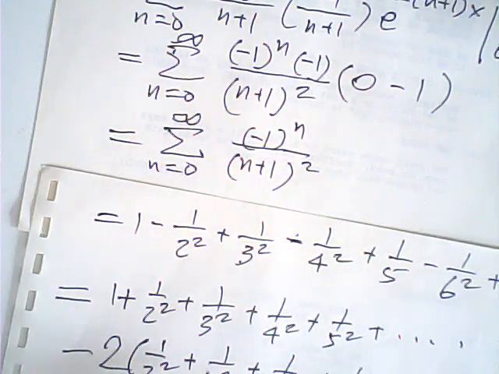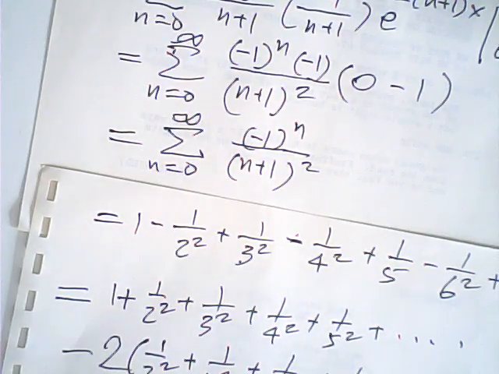Then this is the sum from n equals 1 to infinity, that is this one.